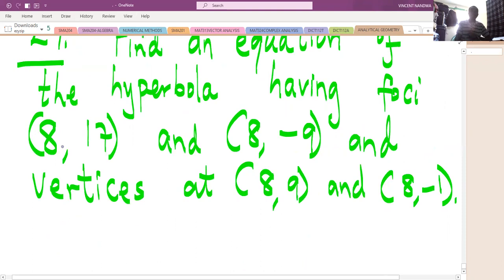So here the x is not changing, but the y is changing.